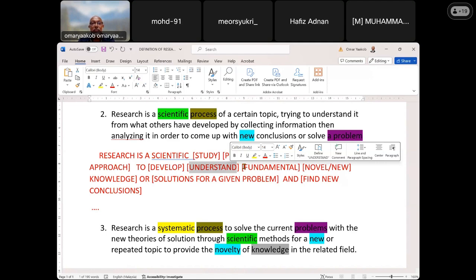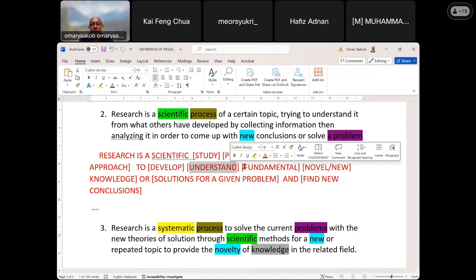Chua first. Okay. Prof, I think the word "understand", in my opinion, maybe can be removed, because for understanding the fundamentals, the process and study already include understanding during the research.